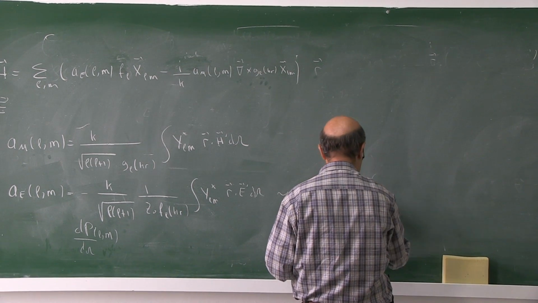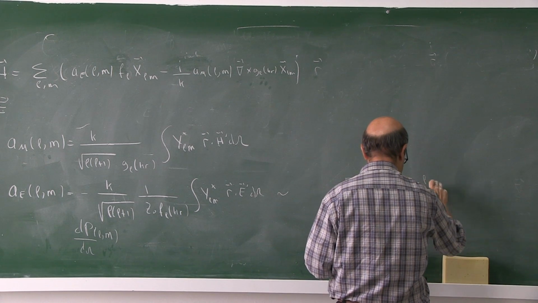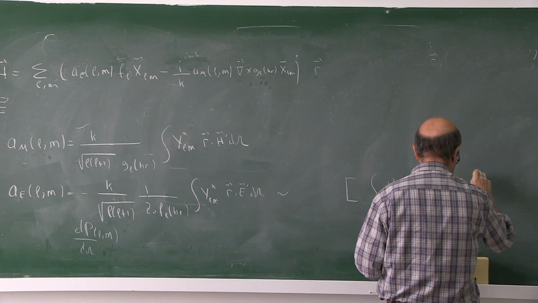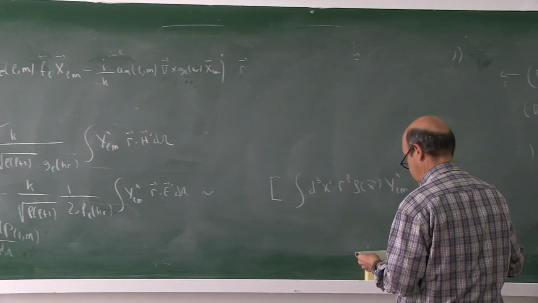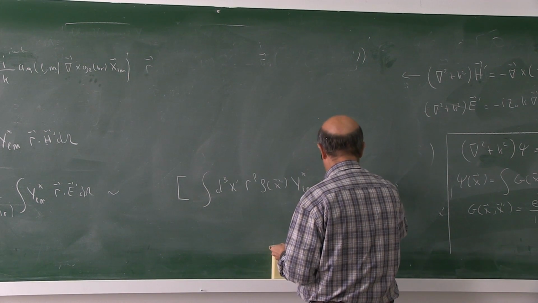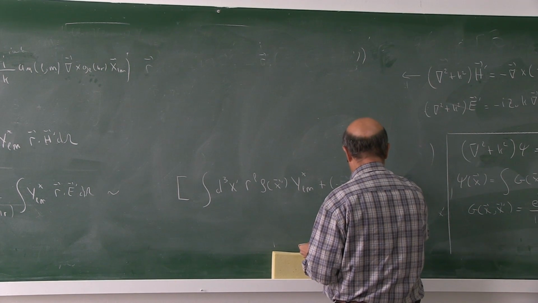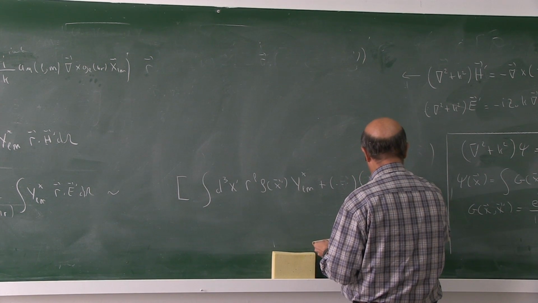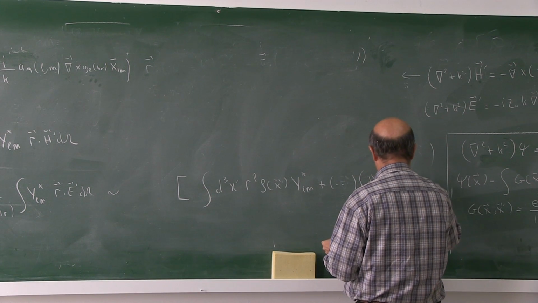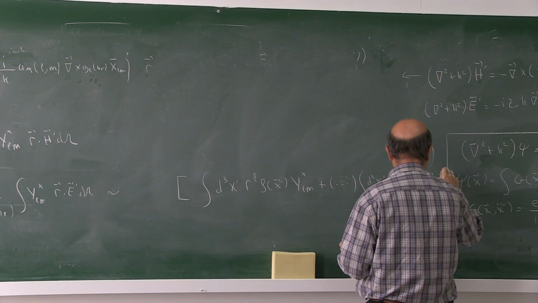One term will be the integral d^3x' r'^L charge density Y_LM complex conjugate, plus another coefficient here and another integral. The other integral is more complicated, but the first term is easy: Y_LM complex conjugate, divergence of r cross magnetization. So these are in your book.